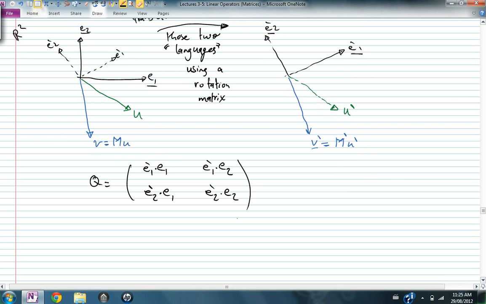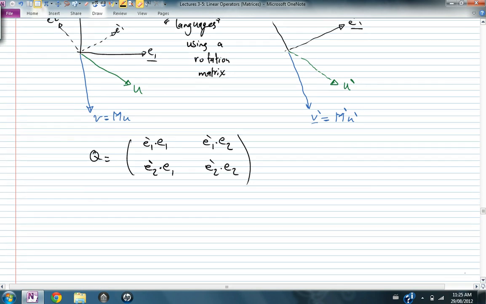This will be my Q. U prime, which is the components of U in the new coordinate system, U prime 1, U prime 2, will be equal to Q multiplied by u1, u2.